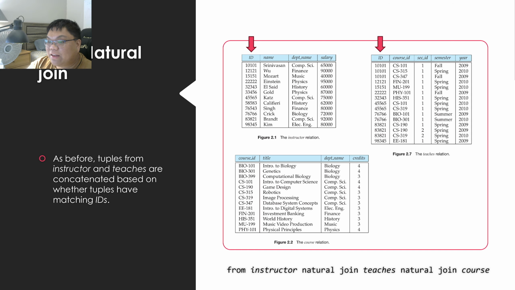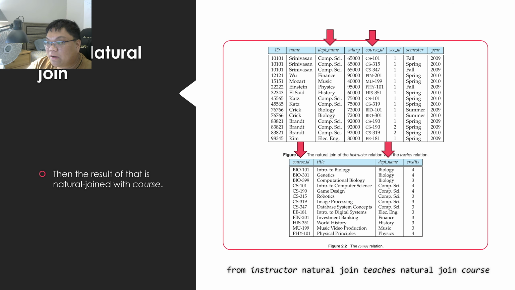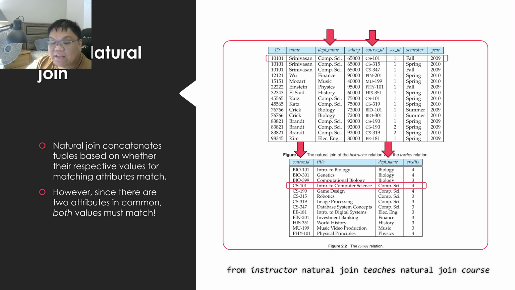So the first natural join is performed the same way as before, but now we're going to need to natural join this with this. But there are now two attributes whose values must match, department name and course ID. Because natural join concatenates tuples based on whether their respective values for matching attributes match.